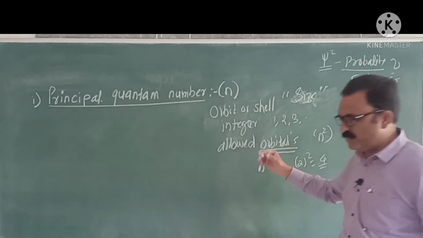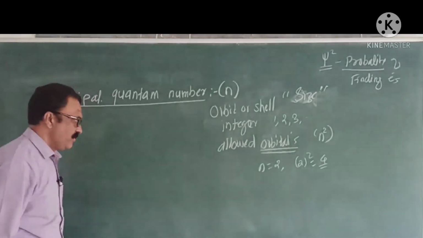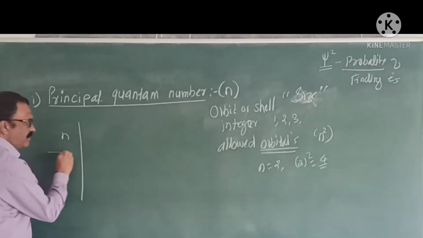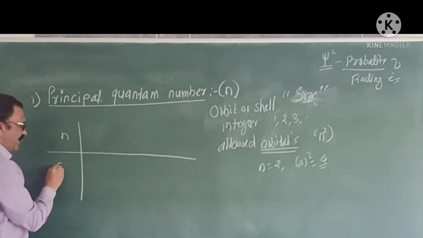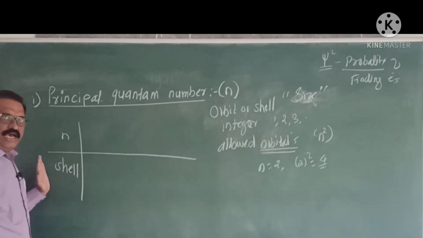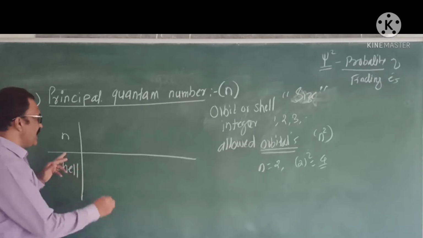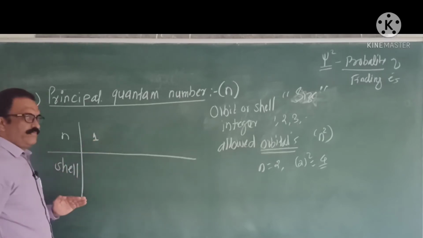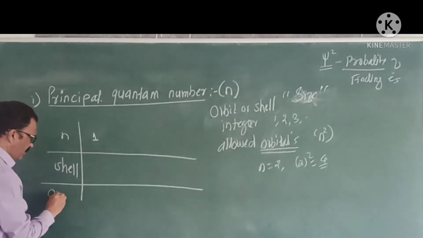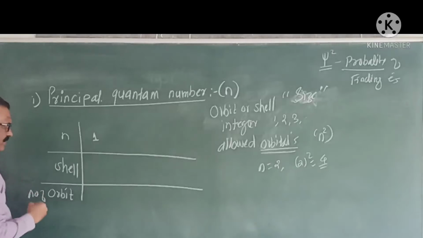If we summarize this information in tabular form, we can write the value of n, the name of the shell or the letter by which a shell is represented, and we can also write a third column, the number of the orbit.